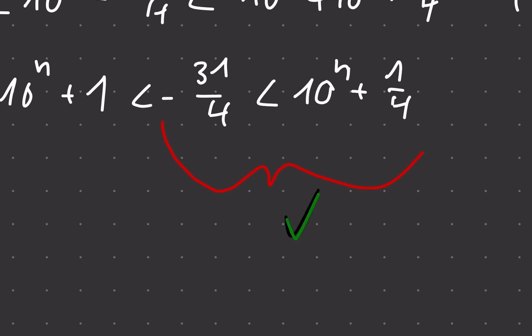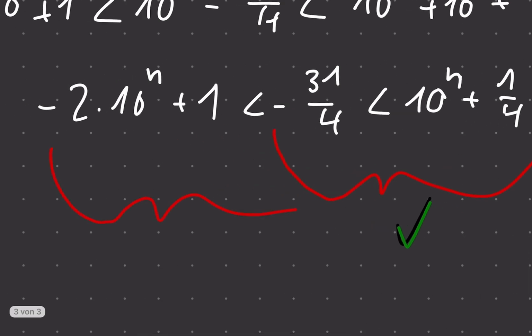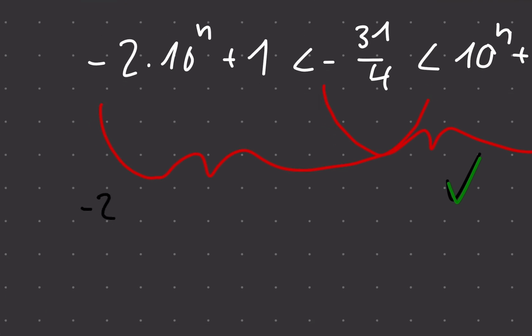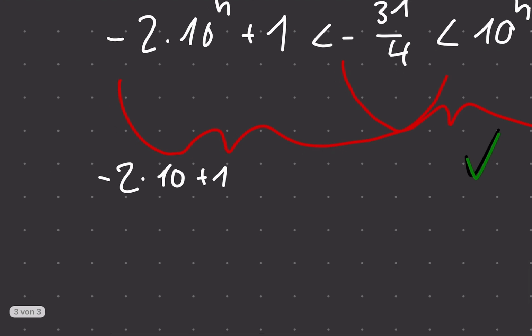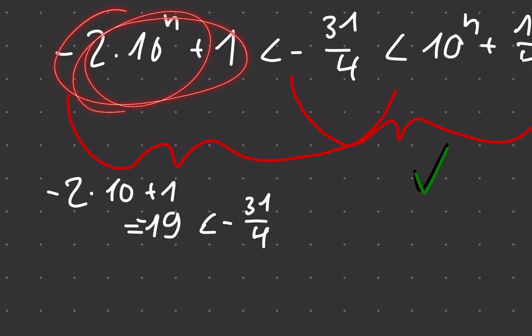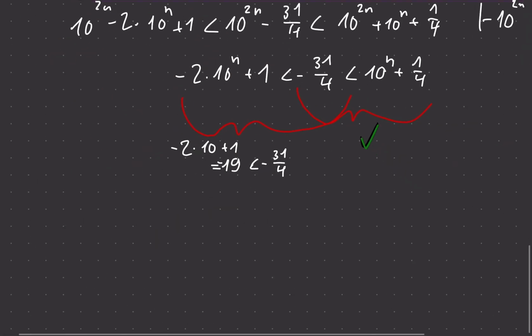And now for the left side, well, for our smallest n, that is 1, we would get that minus 2 times 10 plus 1 just equals minus 19, which is already smaller than minus 31/4. And for bigger n's, this value would just become smaller. Therefore, this inequality holds true.